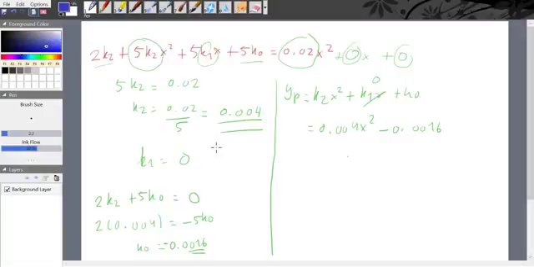Now we have our general solution: y(x) is equal to yh plus yp.